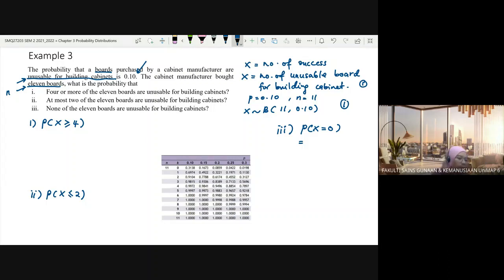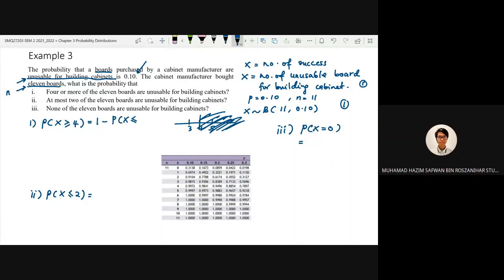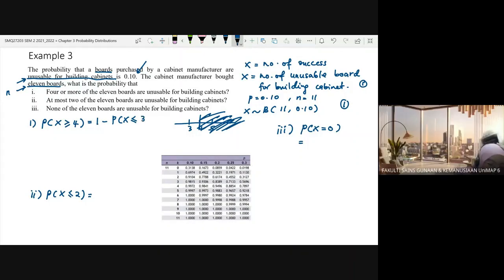Now, number 2 is easy. What about number 1? You are talking about 4 and above, 4 included, so 3, 4, 5 and so on. The whole total probability is 1. Knowing that we are looking for greater than, we can use 1 minus P(X ≤ what, class? 3. Correct.